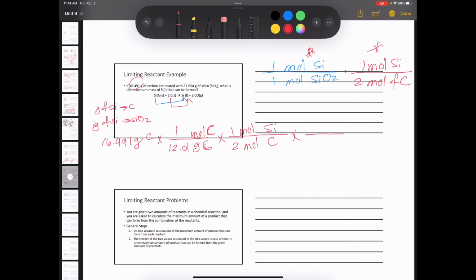Remember, we're starting with grams of carbon, so I need to finish with grams of silicon. So now I have to use the atomic mass of silicon from the periodic table, which is 28.09 grams of silicon per mole.